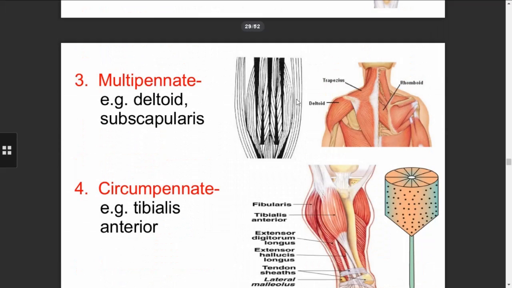Multipennate. The muscle fasciculi are arising from many directions, many ways, just like the deltoid, subscapularis. Deltoid muscle, just like this one. This is the example. Deltoid, subscapularis.